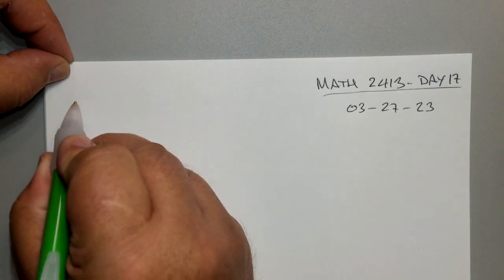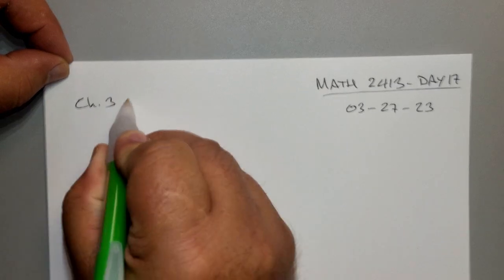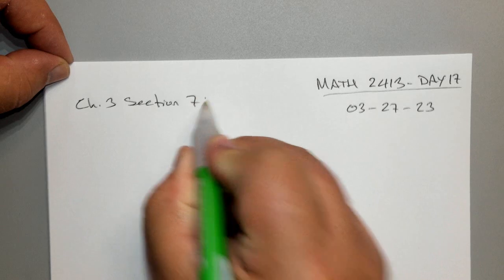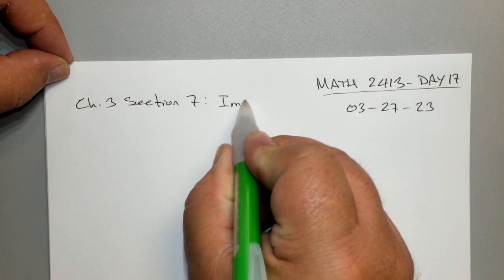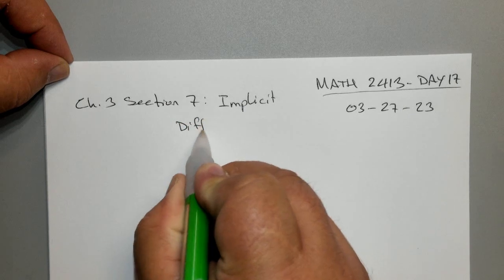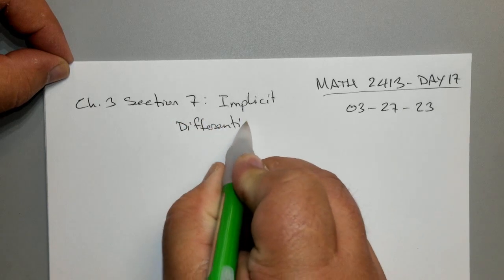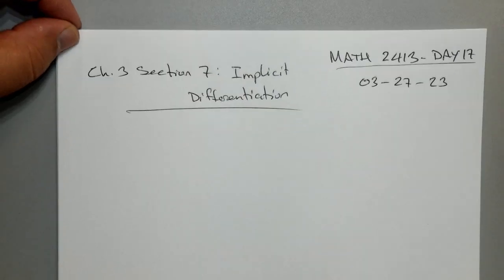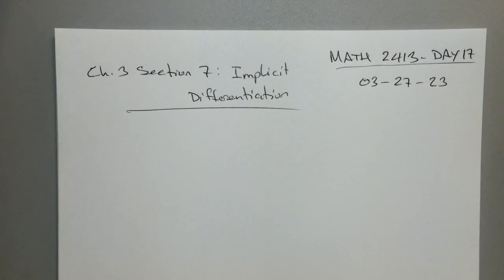Section is this. Today we're going to start talking about implicit differentiation.